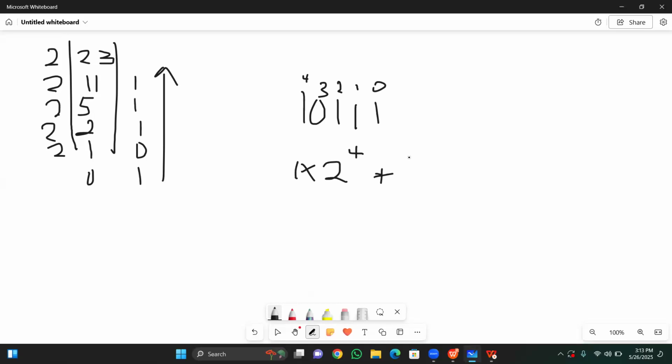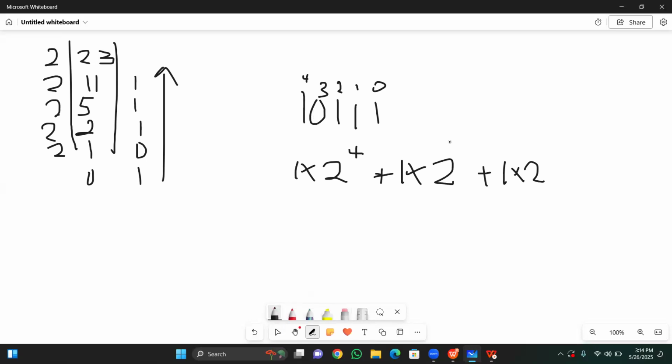So 1 times 2 raised to the power 2 is 4. We have 16 plus 4, which is 20. Sorry, this is raised to power 3, and we have skipped this 0 at position 3 because it's going to give us 0.